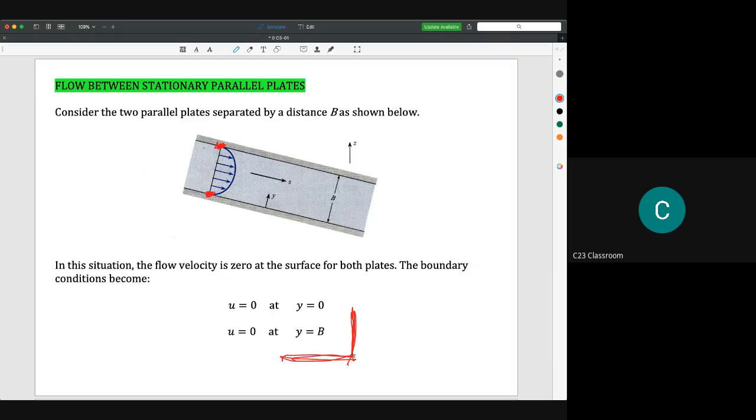So these are the boundary conditions that we have. Please do not be afraid that u equal to 0 comes twice, because sometimes students think something might be wrong, since zero will sometimes create trouble in our equation. But it's okay here, because based on the diagram, both locations give us zero velocity.